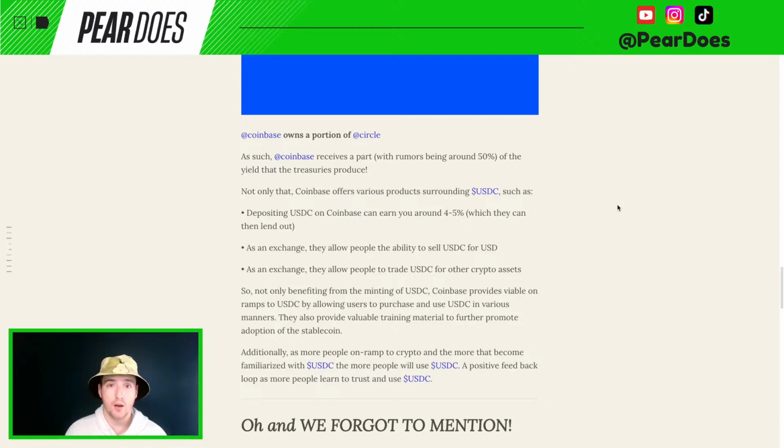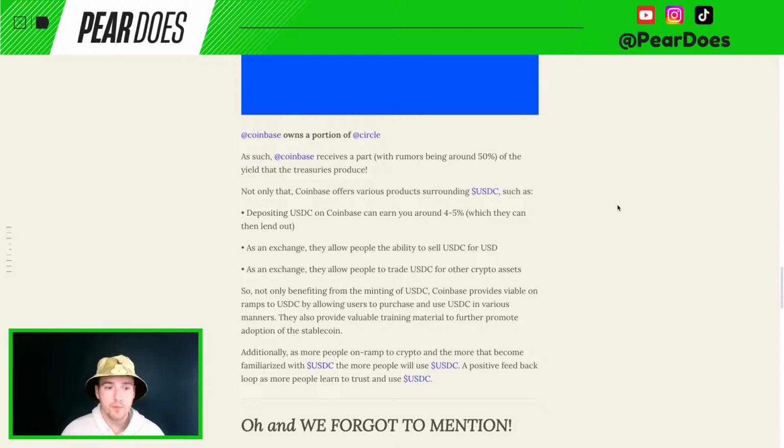And then conversely, you can trade this USDC on Coinbase for other crypto assets. And so Coinbase is really providing this central place for USDC users to use their USDC to buy, to sell, and even earn a yield on top of it.